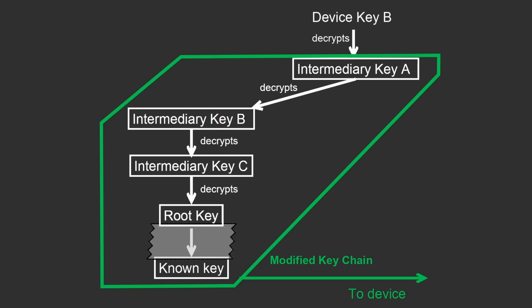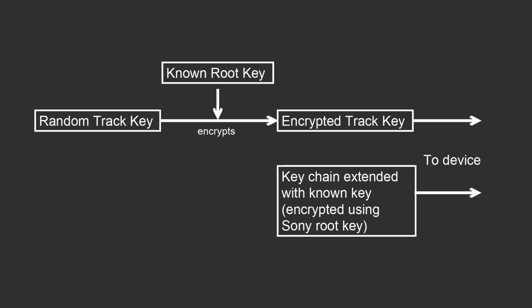Then, because the new root key was known and he owned it, he could separate these two parts entirely: send the known keychain that was extended with the new key to the device, and then use the known plain text version of that key to encrypt the random track key and send it that way. So this made it possible to add normal audio upload to MiniDisc devices without SonicStage and without all this DRM.